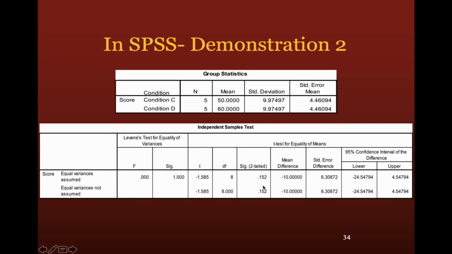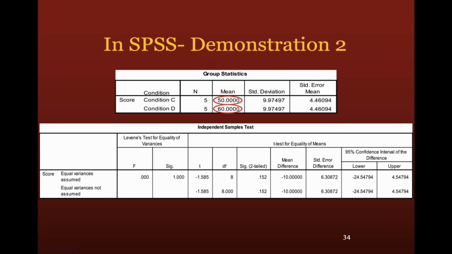And the probability of getting a t statistic of negative 1.585, if the null is true, is 0.152 or 15.2%. That is greater than alpha, so therefore we would fail to reject the null hypothesis. So in other words, the independent variable had no impact on the dependent variable.